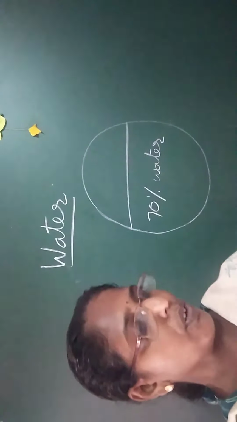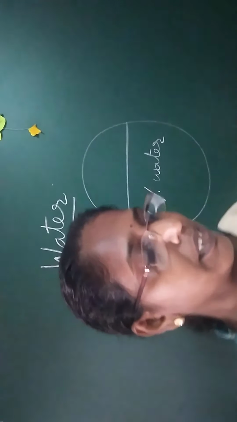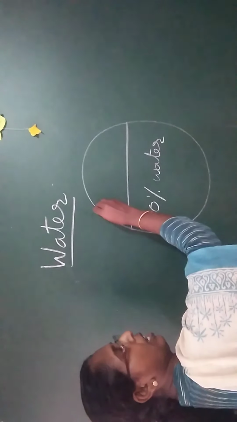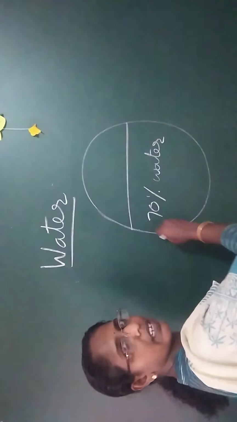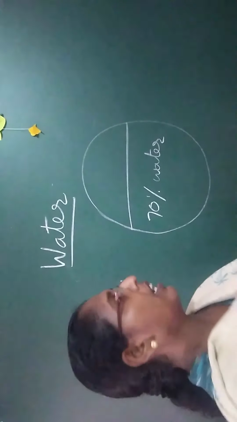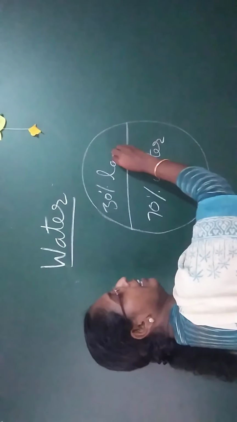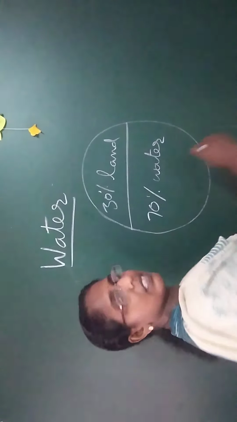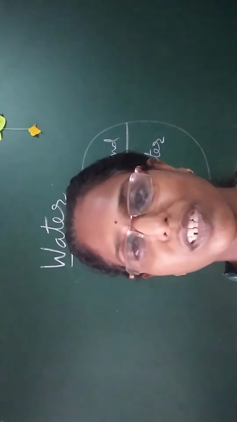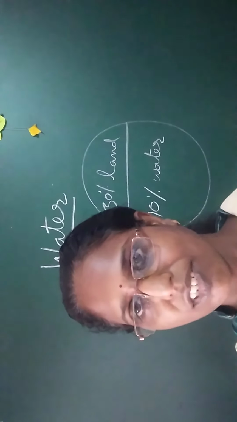Most of our earth's surface is covered with water. If our earth is made up of land and water, it's 70% water and only 30% land. This water we can see in different water bodies like ocean, pond, river, lake, etc.